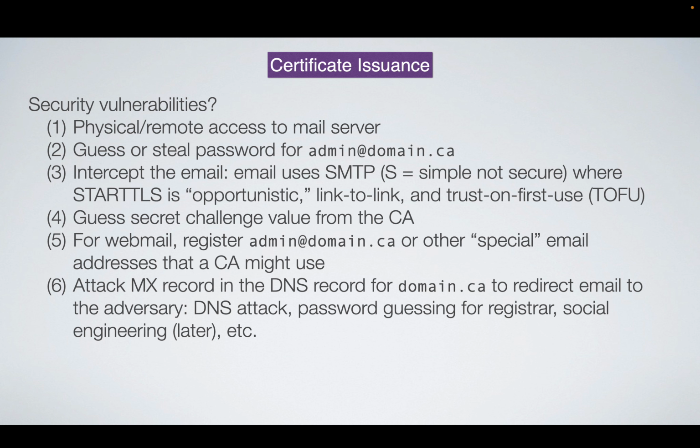You can break email, you can compromise HTTPS. You can break DNS, you can also compromise HTTPS. And we'll see a specific social engineering attack later when we talk about social engineering on DNS. It is possible, it has happened. The purpose of it was to reset a password, not to steal a certificate, but it could have been to steal a certificate.